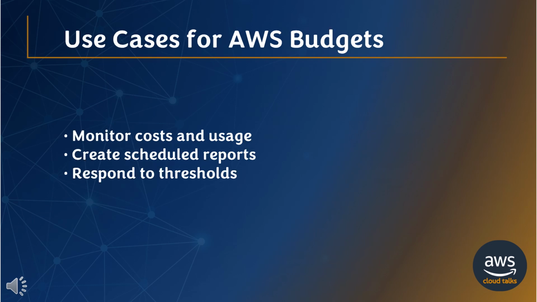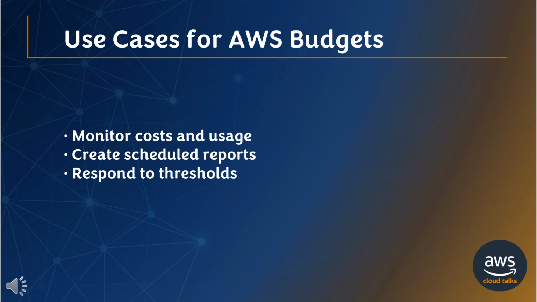Now let's talk about the use cases for AWS Budgets. AWS Budgets supports the following use cases, which cover the needs of a broad range of customers: monitor costs and usage, create scheduled reports, and respond to thresholds.